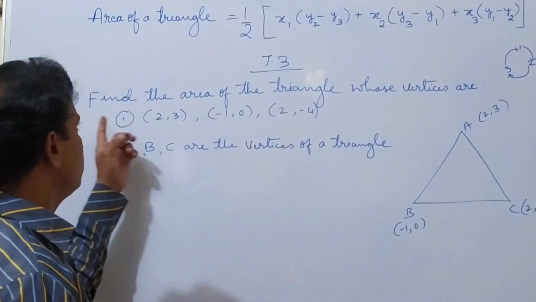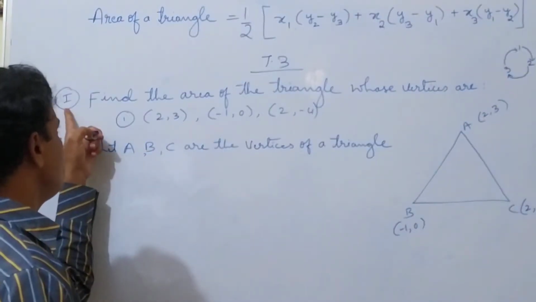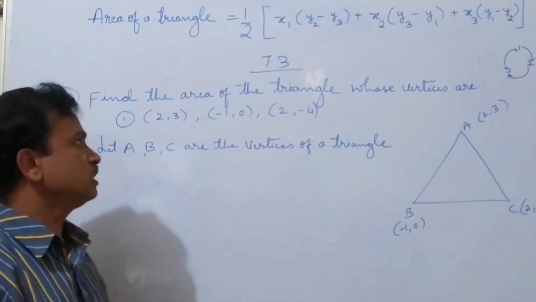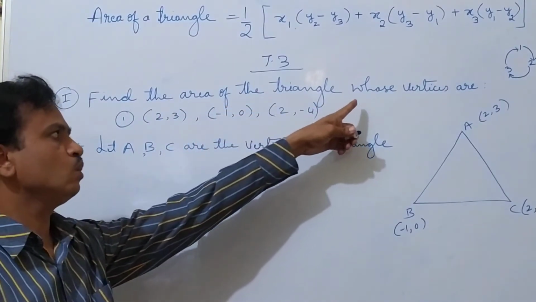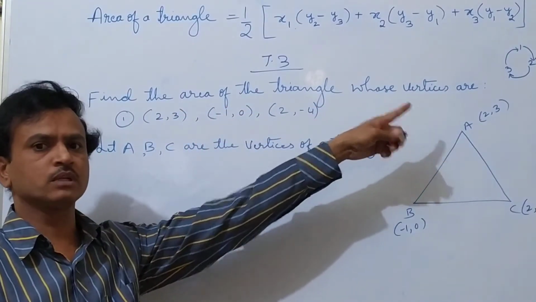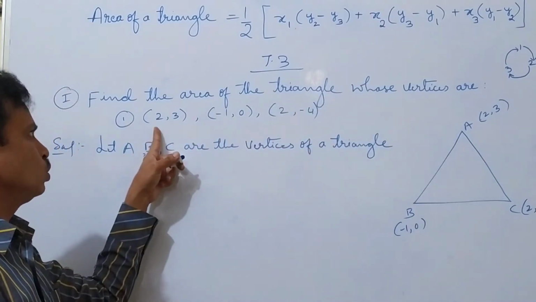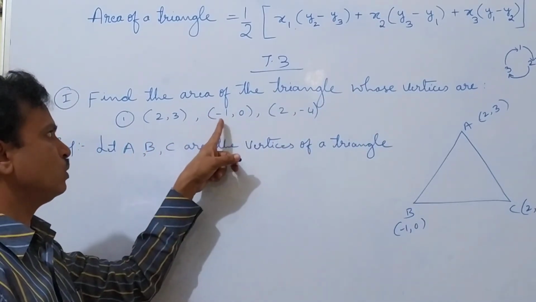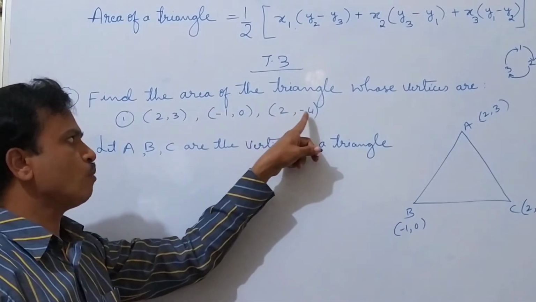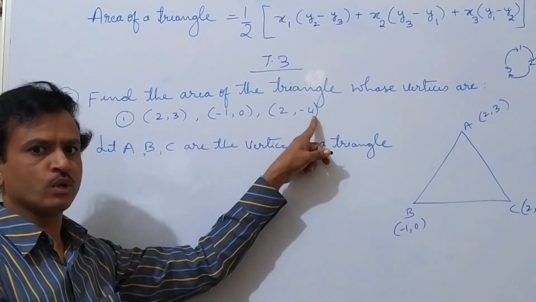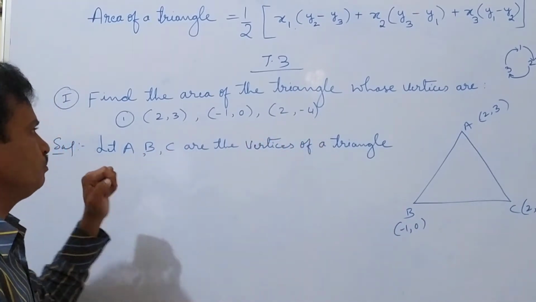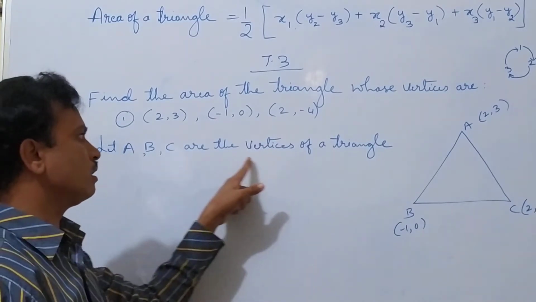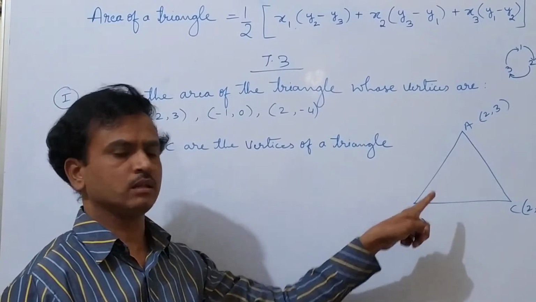Now exercise 7.3, first problem: find the area of the triangle whose vertices are given: (2, 3), (minus 1, 0), (2, minus 4). Let A, B, C be the vertices of a triangle.